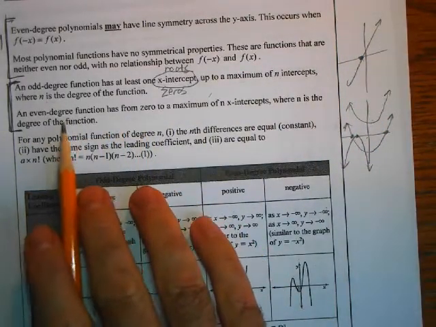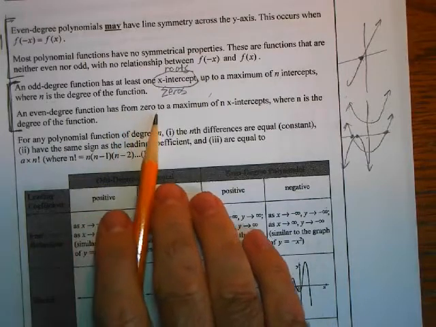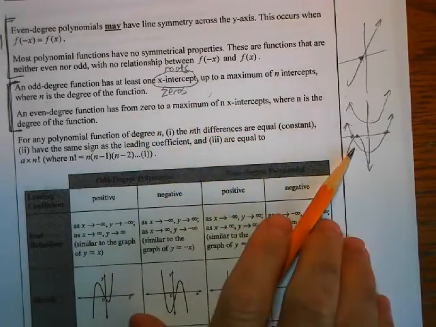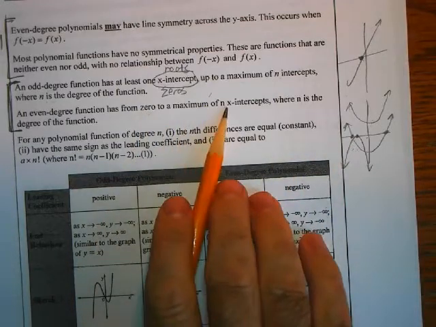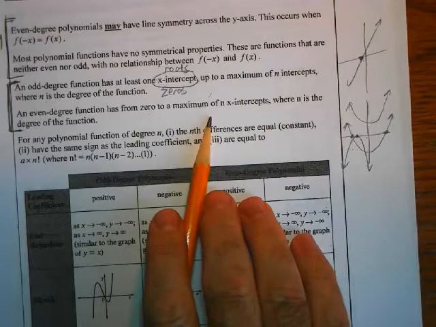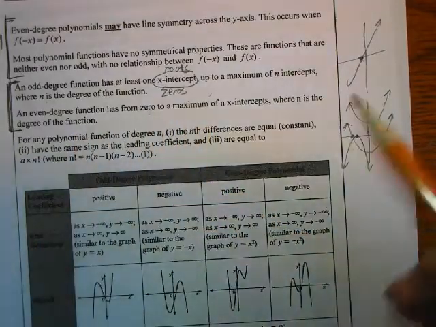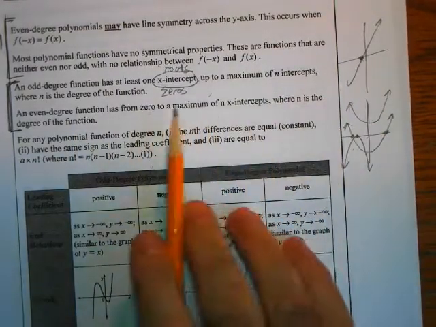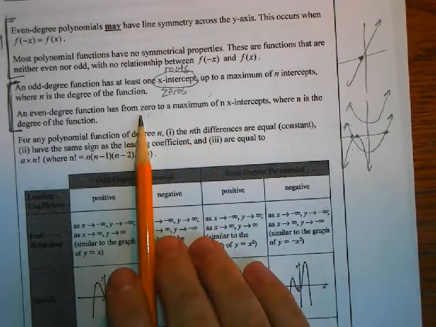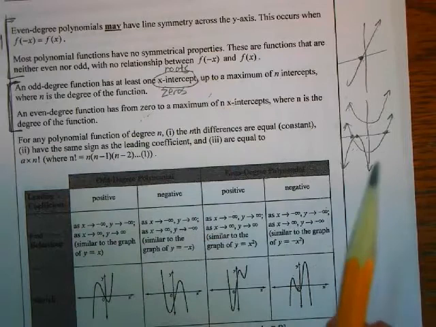So an even degree has from 0 to a maximum of n x-intercepts. So for quadratic, n is 2, so from 0 to 2 x-intercepts. If you extend this to other even degree functions, a degree 4 will have anywhere from 0 to 4. Degree 6 would have anywhere from 0 to 6, etc.